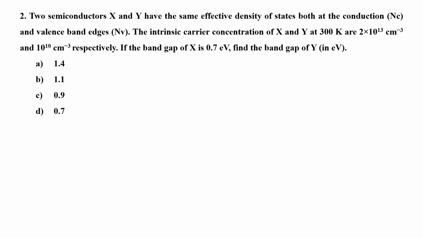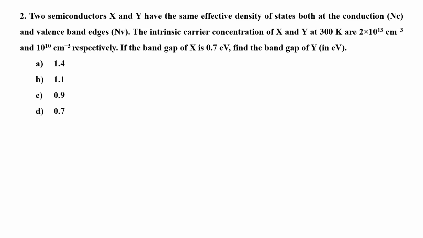So from this, what all things are there? You have temperature, you have intrinsic carrier concentrations Ni, and then you have Nc and Nv. If you remember, we had seen an initial equation: Ni is equal to root of NcNv e to the power minus Eg by 2 times Kb into T. That is the equation you have to use here. For X you will get an equation, for Y you will get an equation.